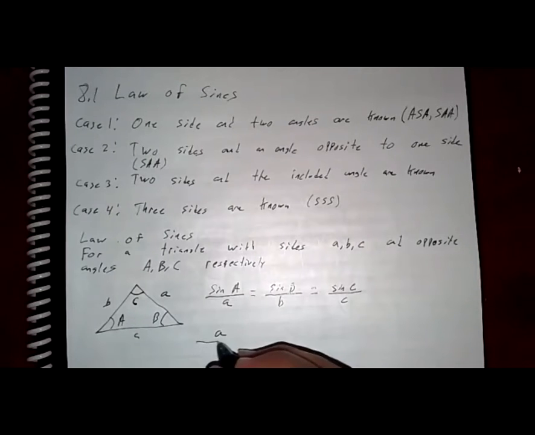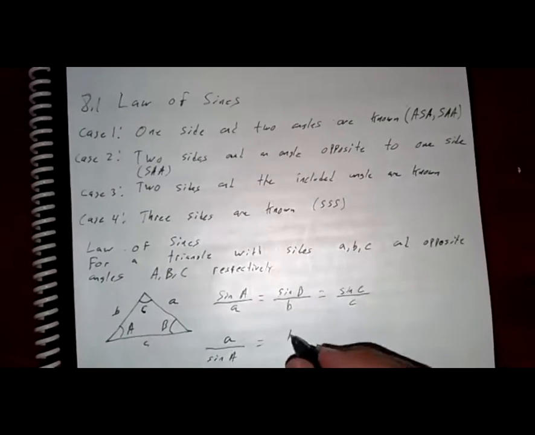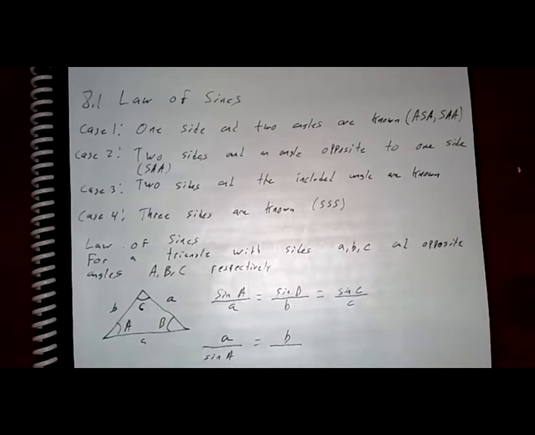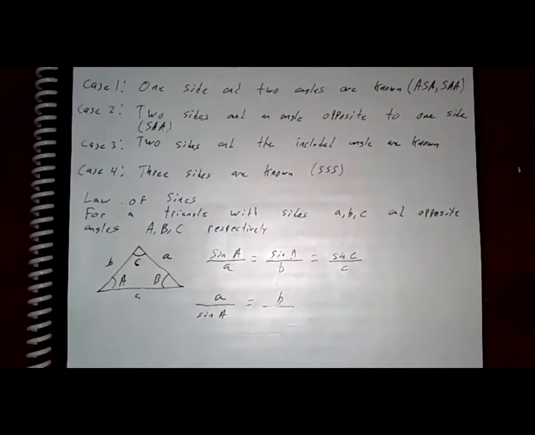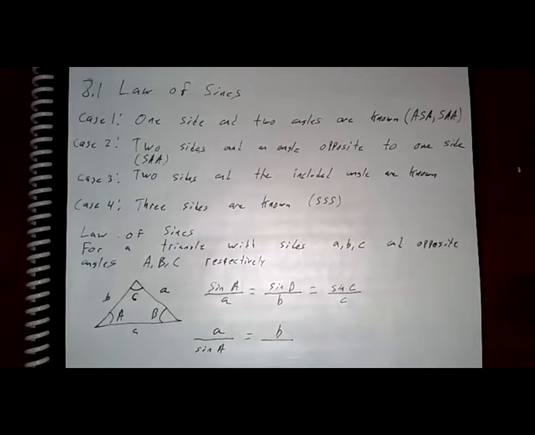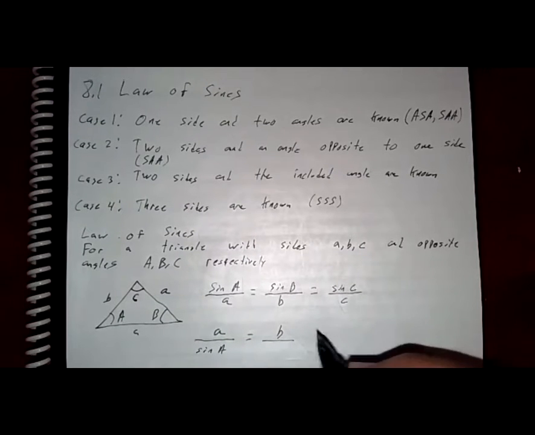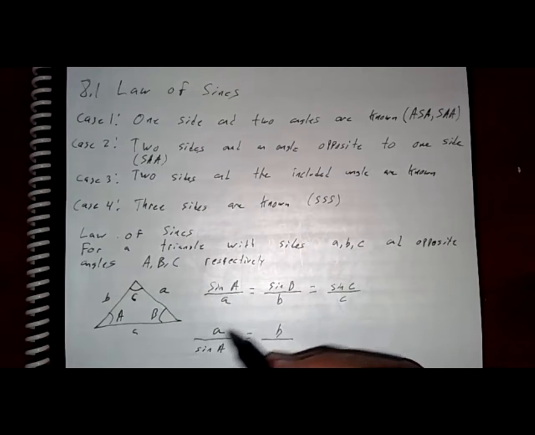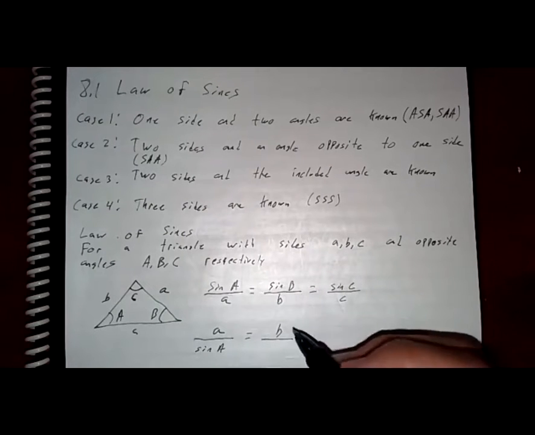You can also take the reciprocal of all of them and they would still be equal. Sometimes I choose these just because it's easier to solve for, let's say I want to solve for A, it's already on top.